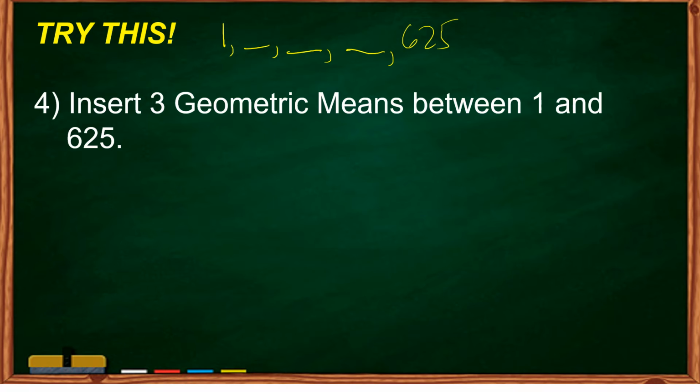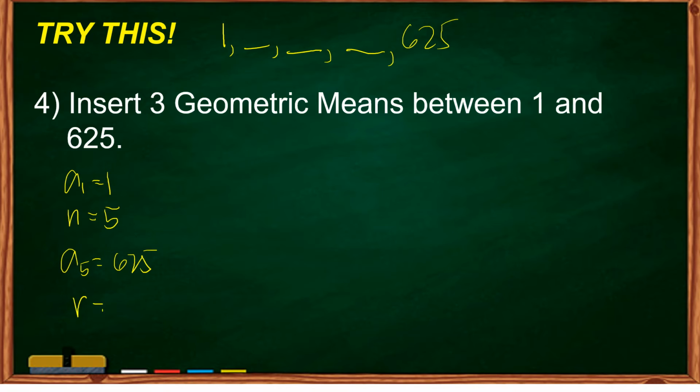So from that given, a sub 1 is 1. The number of terms is 5. The last term is a sub 5, because we have 5 terms, which is equal to 625.